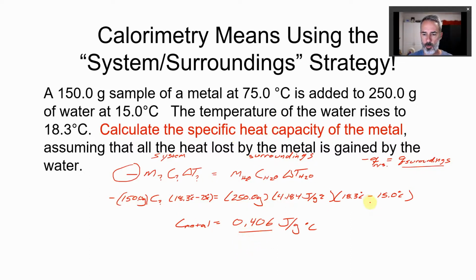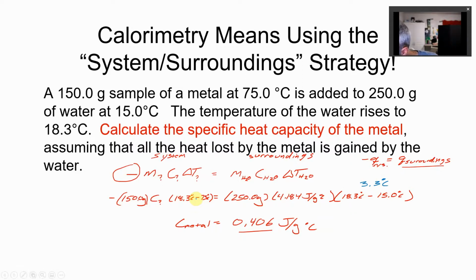I think I was a little bit more careful with sig figs here, although maybe not. Let me get a different pen color. Let's look at sig figs. When you subtract these two, you're going to get 3.3 degrees Celsius. Ooh, we're down to 2 sig figs because in subtraction we keep to the tenths place. Here we do 18.3 minus 75.